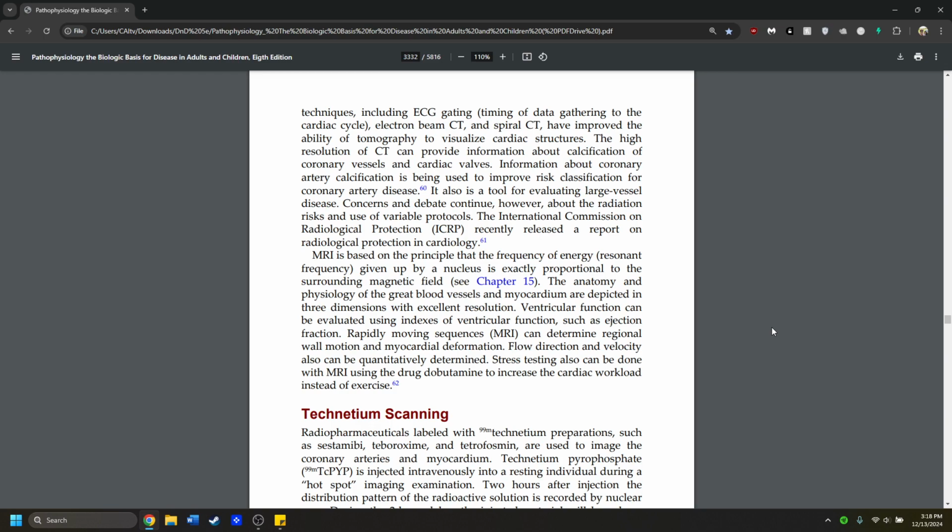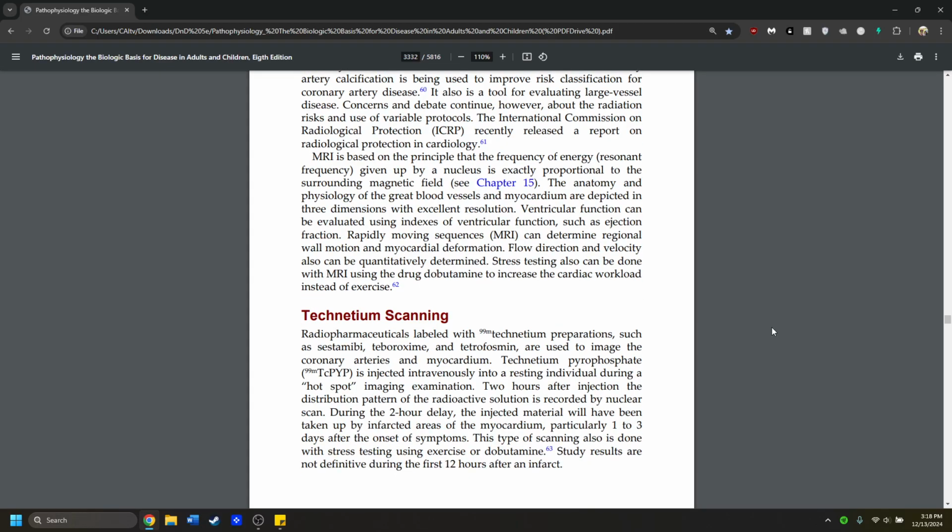Rapidly moving sequence MRIs can determine regional wall motion and myocardial deformation. Flow direction and velocity can also be quantitatively determined. Stress testing also can be done with MRI using the drug dobutamine to increase the cardiac workload instead of exercise.